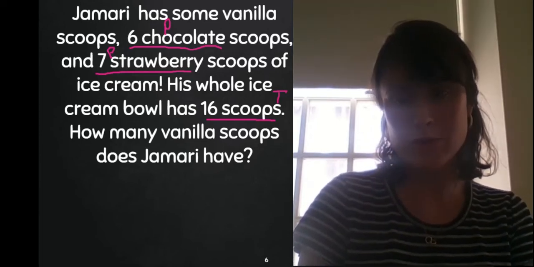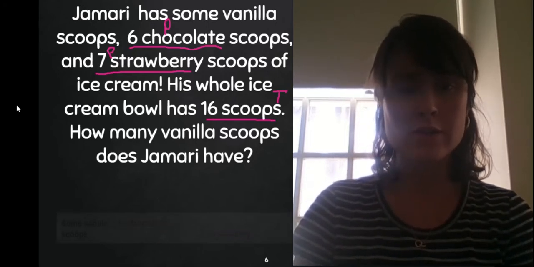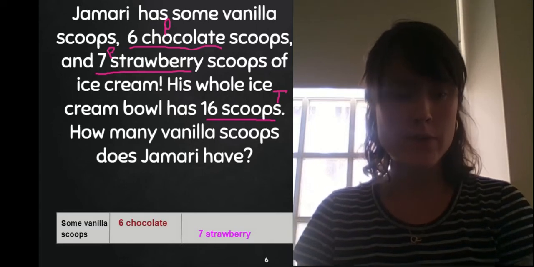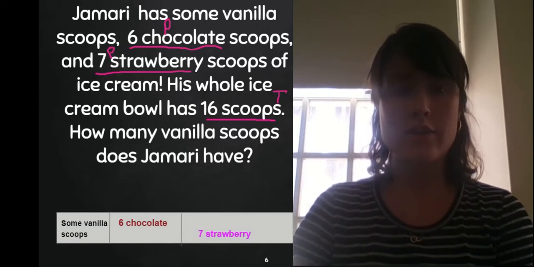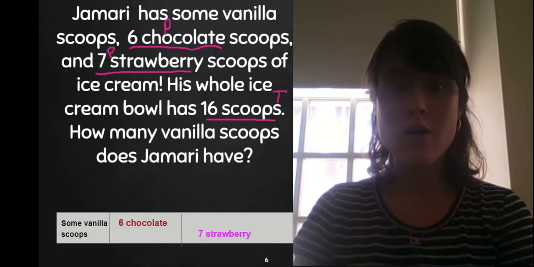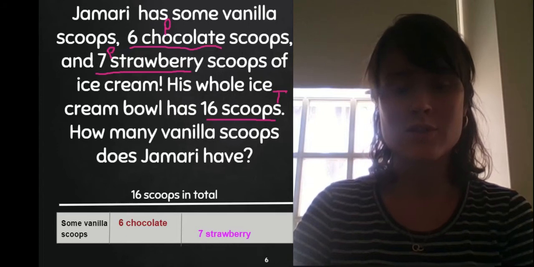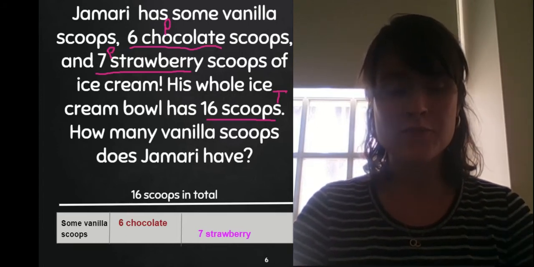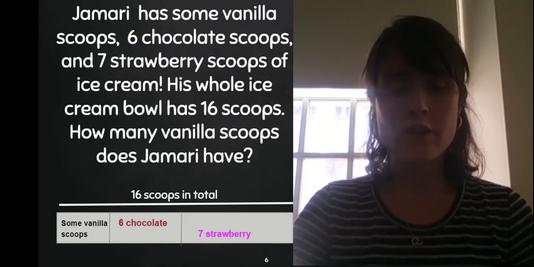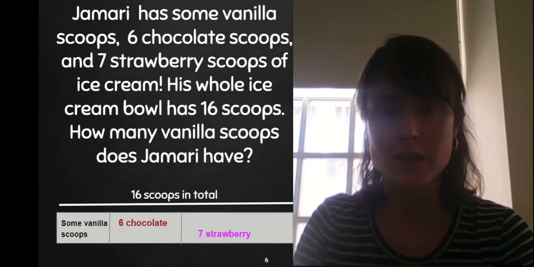Feel free to pause the video if you need, but now, if you're ready, check to see if your bar model matches mine. I have some vanilla scoops, 6 chocolate scoops, and 7 strawberry scoops. All together, the total is 16 scoops. Give yourself a big smiley face if you nailed that bar model. All right, so now we get to use that bar model to help us write a matching number sentence.